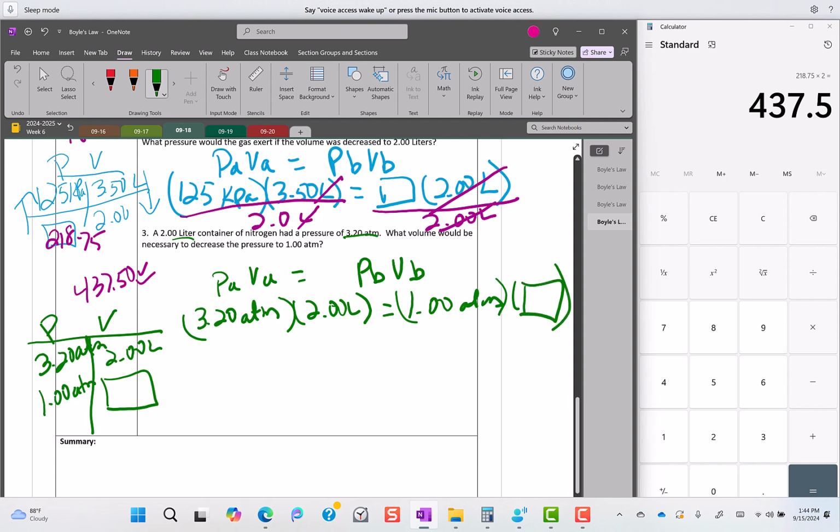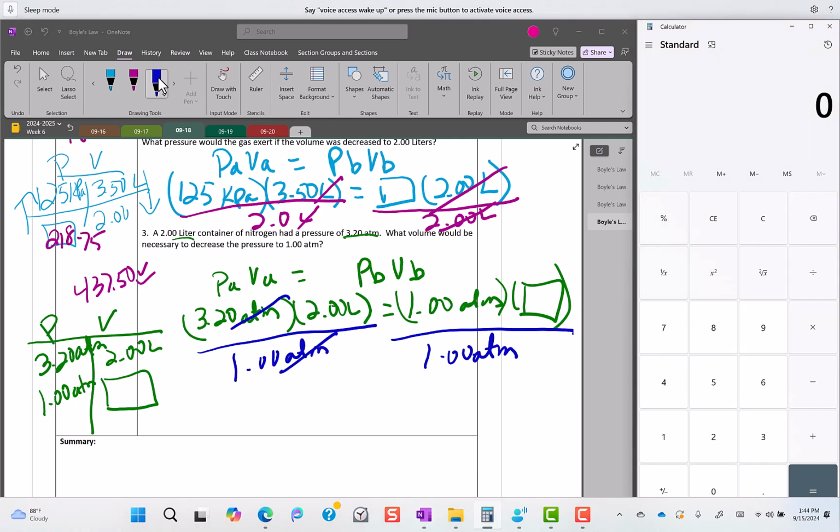Okay, come back through, we're going to divide out atmospheres. I got 1.00 atmospheres. Divide out atmospheres. That's the same thing as dividing by 1.